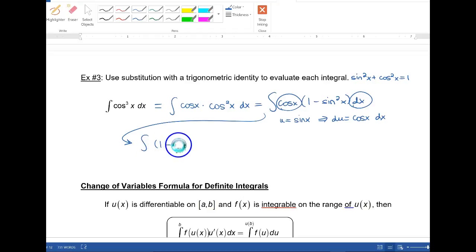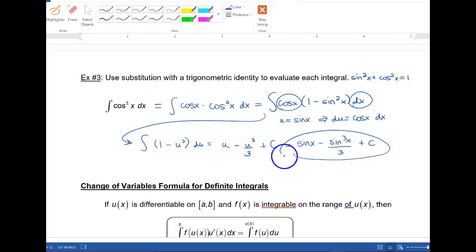So it's 1 minus u squared and then du. So it becomes u minus u cubed over 3 plus c. And then we go back and substitute everything in. So sine x minus sine cubed x over 3 plus c.